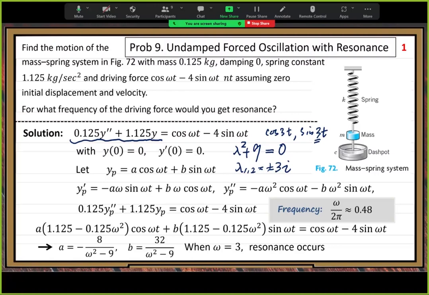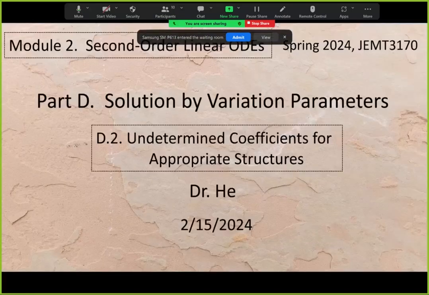So omega we use 3, but you need to divide it by 2 pi to get the real frequency number. By the definition of frequency, this is the frequency formula. The period formula is the reciprocal, 2 pi over omega. That's the period.